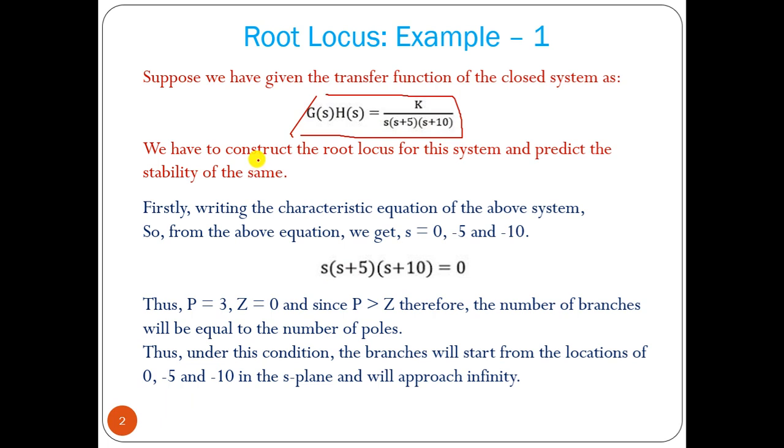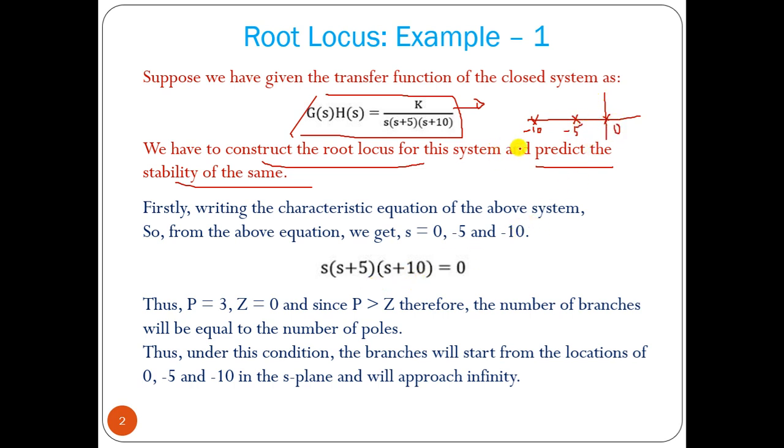We have to construct the root locus for this system and predict the stability of the same. Now from the transfer function we can easily find the poles and plot them. We have poles at 0, at minus 5 and at minus 10. These are the pole locations in the s plane.